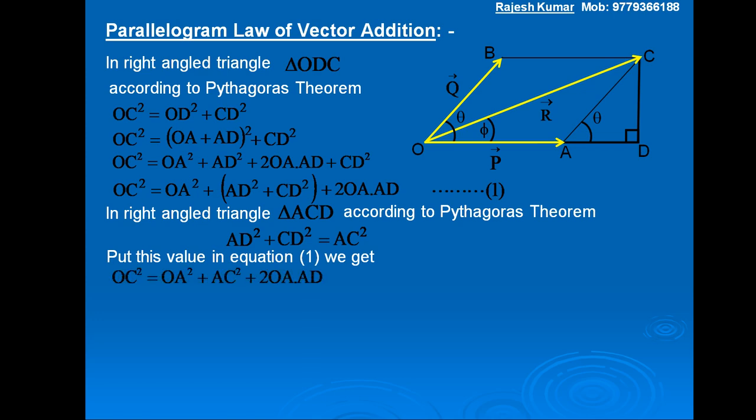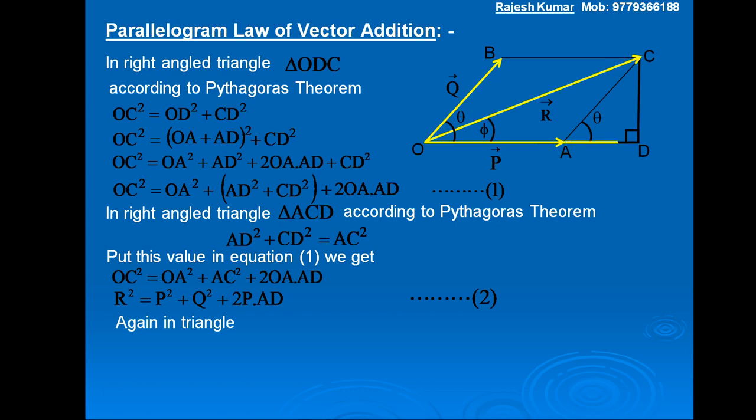So we get OC square is equal to OA square plus AC square plus 2 OA into AD, or OC is equal to R, so it becomes R square is equal to OA, which is P, so P square, plus AC, which is equal to OB, opposite sides of parallelogram, which is Q. So it is equal to P square plus Q square plus 2P into AD. Let it be equation number 2.